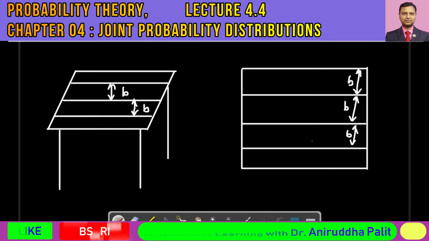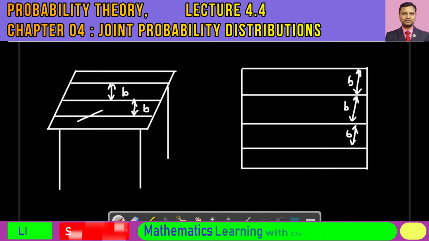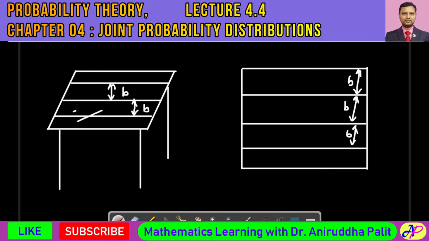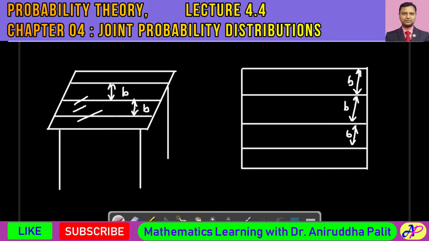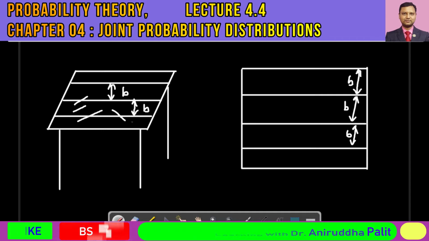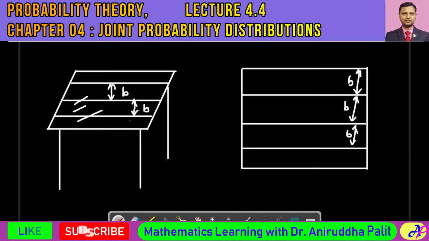Okay. Now a needle is thrown, and if a needle is thrown on the board, it will ultimately lie either in this way, or in this fashion, or maybe in this fashion. It doesn't matter. The orientation is not a factor.